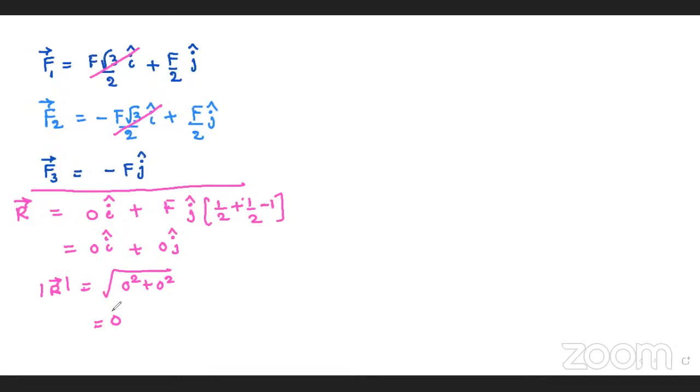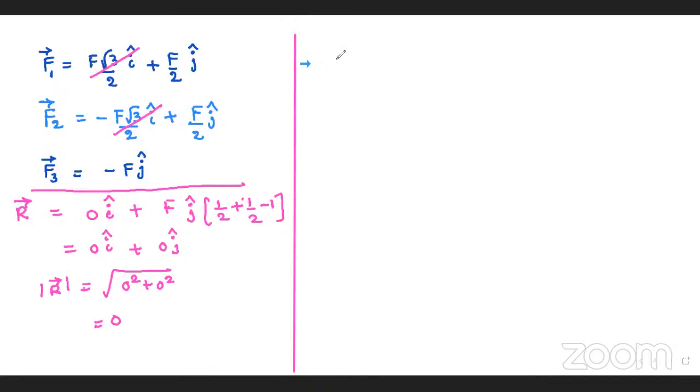Okay. So sometimes we will get the magnitudes equal to 0. That's why now I am specifically defining here the vector having the magnitude 0. Okay.